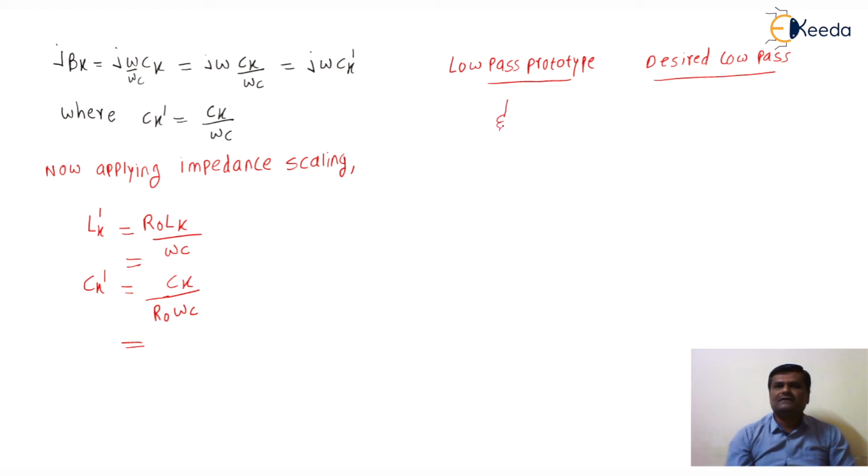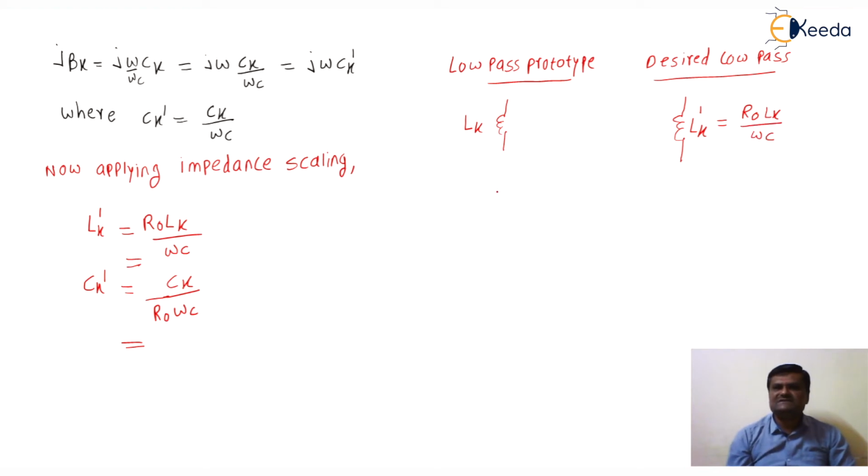Inductor Lk in the low pass prototype is transformed in the desired low pass filter as Lk dash equal to R0 Lk by omega c.